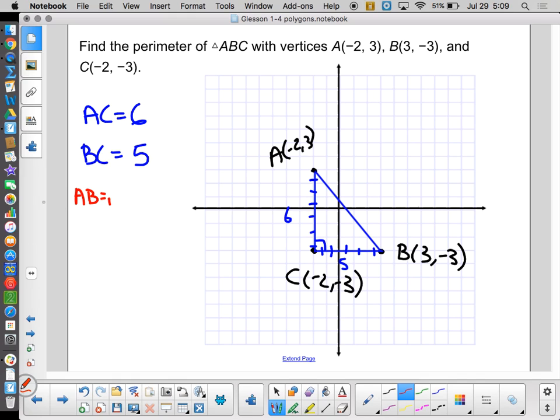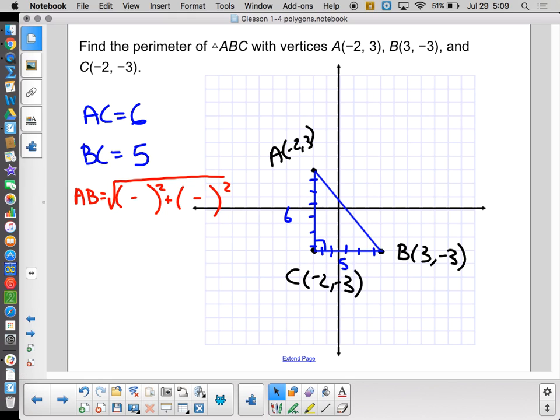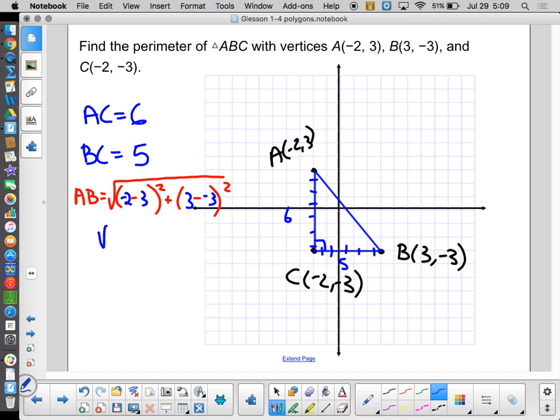So AB equals the square root, we start our distance formula. We plug our coordinates in. The x coordinates are -2 and 3. The y coordinates are 3 and -3. So that -2 minus 3 is -5 squared. 3 minus -3 is the same as 3 plus 3, or 6 squared.